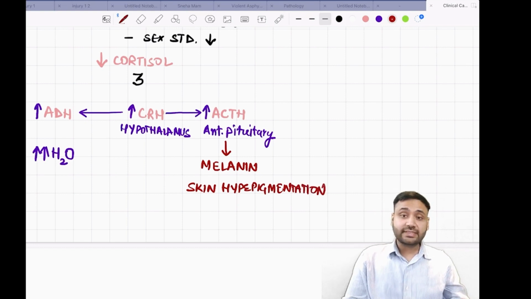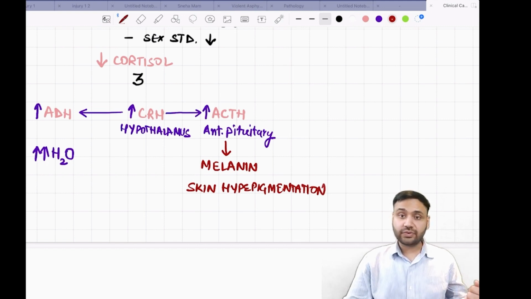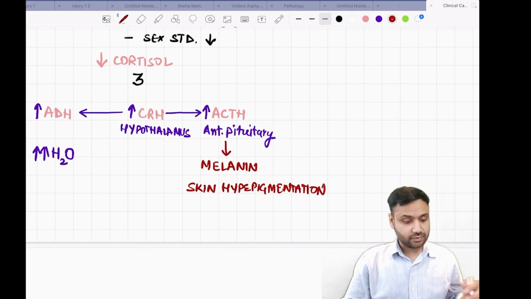So we have seen that increased ADH causes water absorption, CRH increases ACTH and ADH, while increased ACTH increases melanin and causes skin hyperpigmentation.